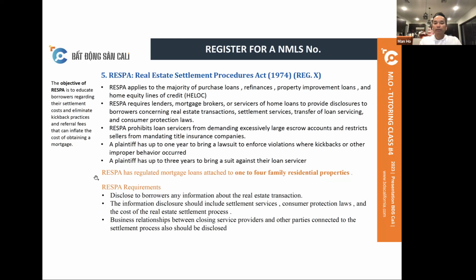Okay, RESPA regulates mortgage loans attached to 1 to 4 unit residential properties only. Okay, I mark it, I highlight it, I bold it, right? RESPA only covers residential 1 to 4 units. Remember that. Why is that 1 to 4 units?